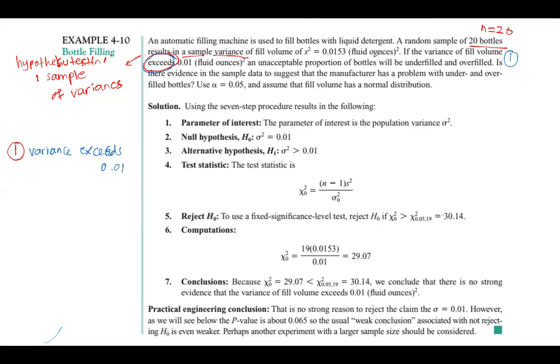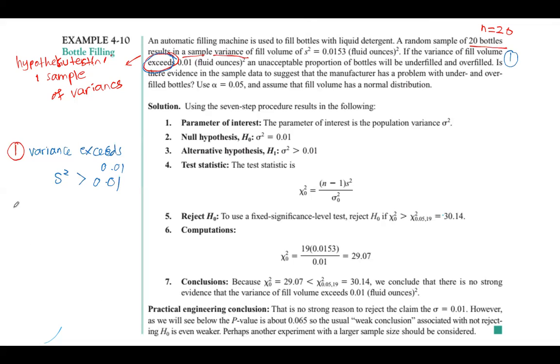Okay, so it is unacceptable to be underfilled and overfilled. Okay, so that's not good. Is there any evidence? So this one we can write as S square exceeds, so more than 0.01.